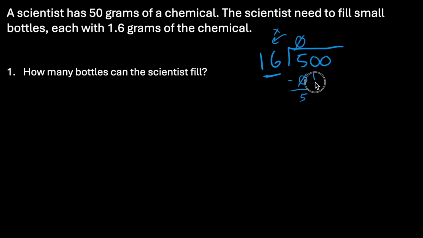And then we bring down the 0, and now we have 50. Now, how many times can 16 fit into 50? Well, if I guess 16 times 3, that is 48.